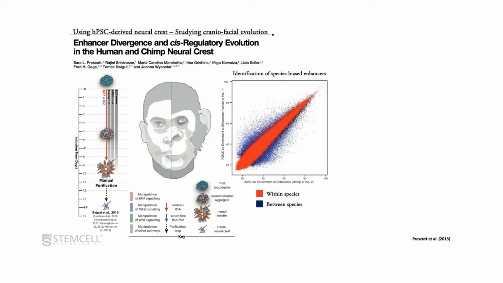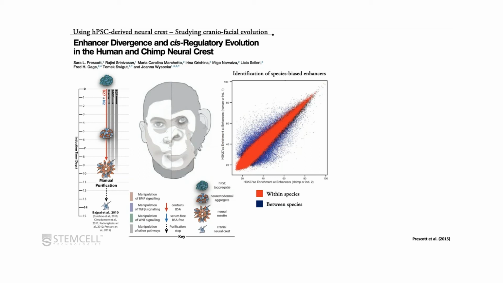We can see this reflected in a number of neurocristopathy-associated dysmorphisms, such as cleft lip and palate, Treacher Collins syndrome, DiGeorge syndrome, Waardenburg syndrome. But in addition to this, the altered regulation of these genes plays an integral role in the evolution of facial shape. So in 2015, Sarah Prescott and Joanna Wysocka published on this topic using a cranial neural crest induction protocol originally developed by Ruchi Bajpai.